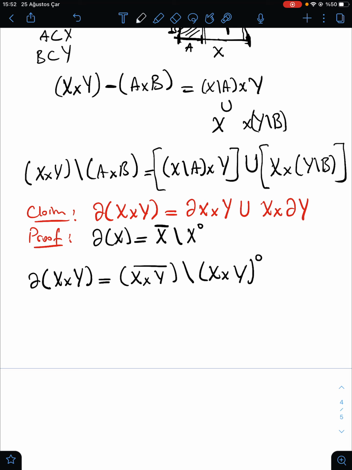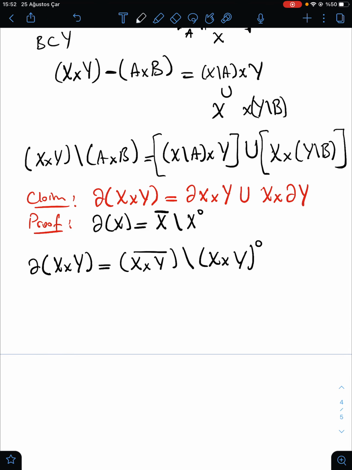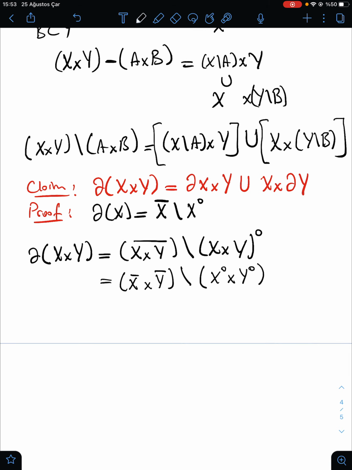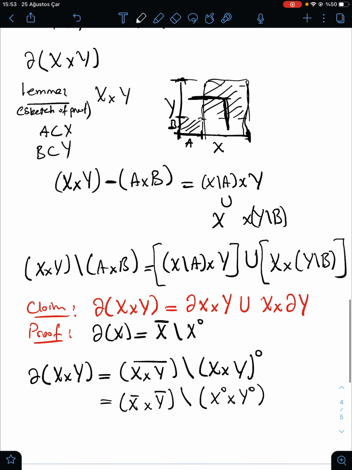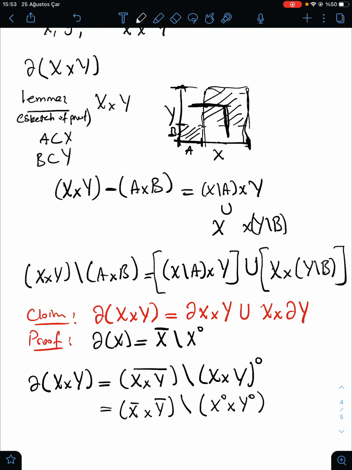You can take out this closure. It is given in Munkres' book, so it can be written as X closure product with Y's closure, minus X's interior product Y's interior, and it is also given in the book. I'm going to write a link below the video. You can use the above lemma, since closure and interior are subsets of it.